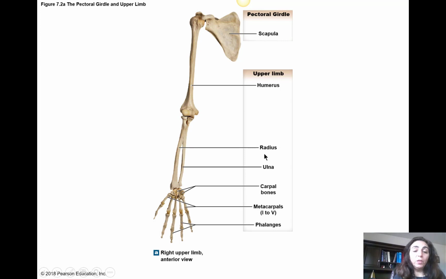Radius is on the side of the thumb. This is the thumb, which has only, this is the metacarpal, and after that it has 2 phalanges compared to the other ones that all have 3 phalanges, and that's the way that you recognize the thumb. And radius is always on the side of the thumb, that is on the lateral side of the body.